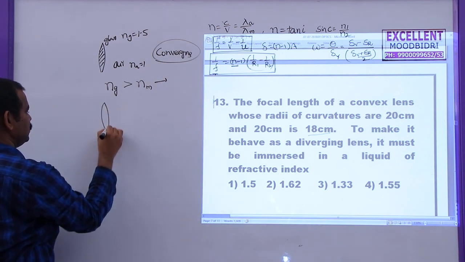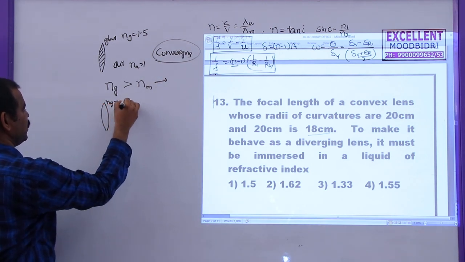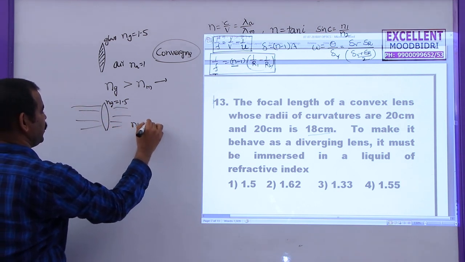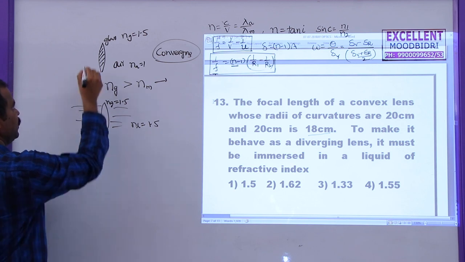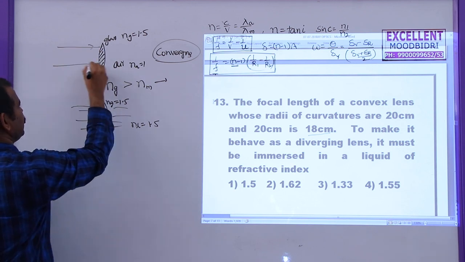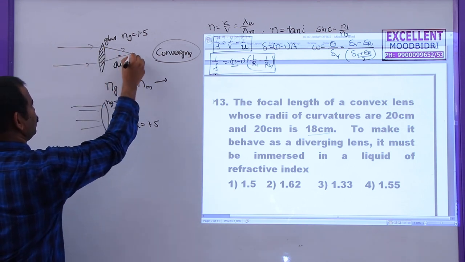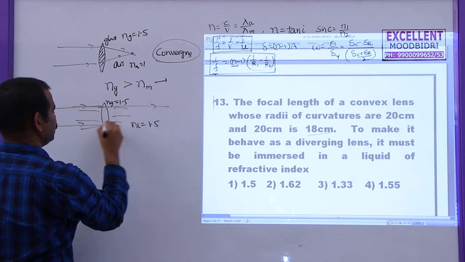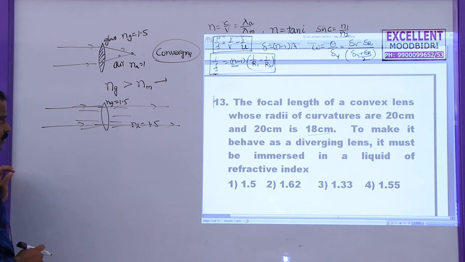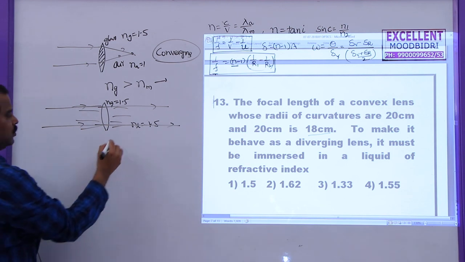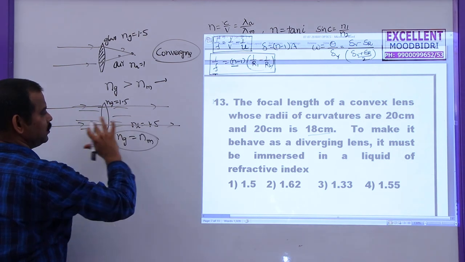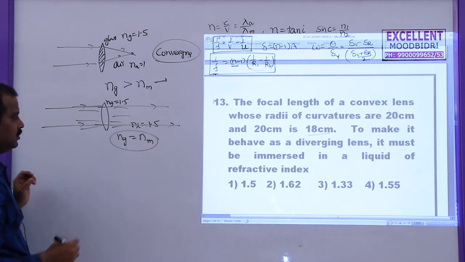Same lens, n_g equal to 1.5, placed in a liquid whose refractive index is also 1.5. Here light rays which are coming here will converge and produce an image here. But here if light rays are passing through this one, they will never converge or diverge. So if n_g is equal to n_medium, then it behaves as an ordinary glass slab.